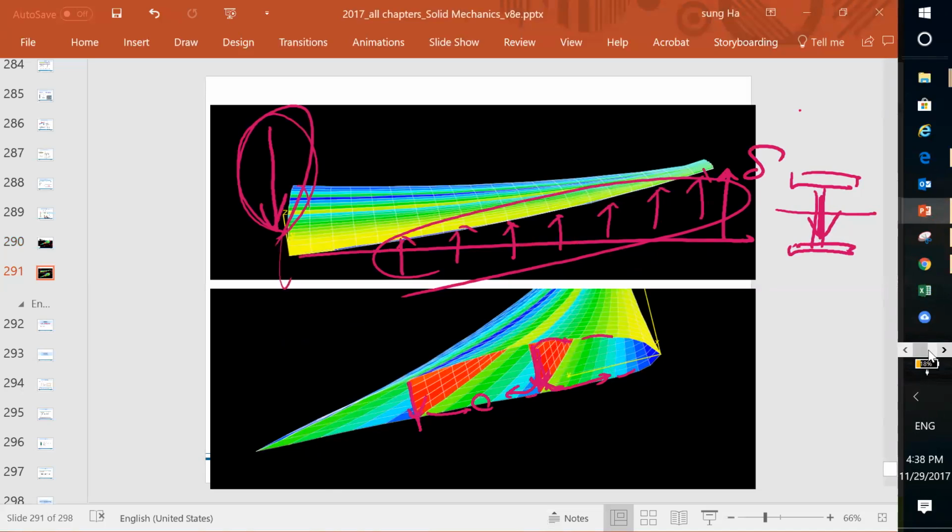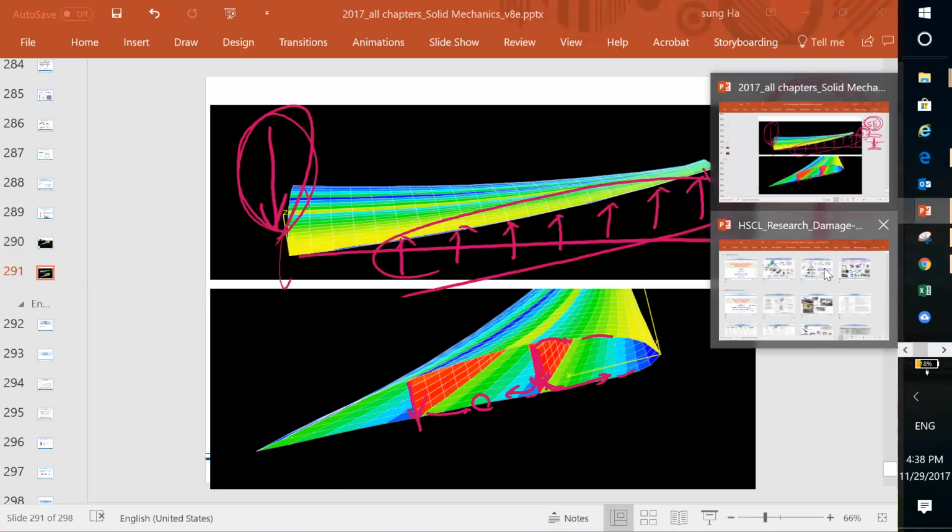So we have to consider a safety factor. So for stress, we consider a safety factor, and for deflection, we consider a maximum allowable deflection. Those are two factors.